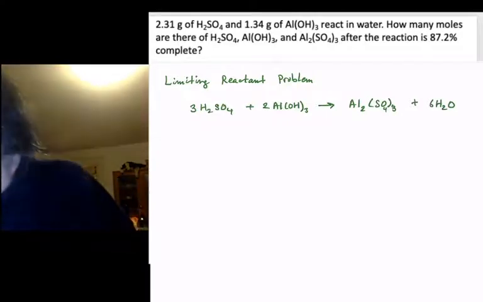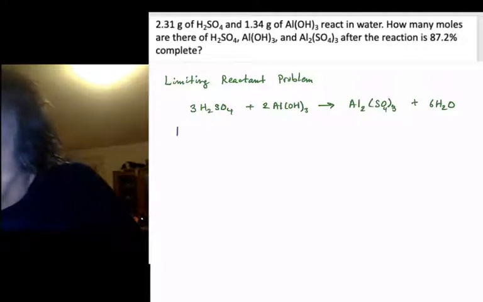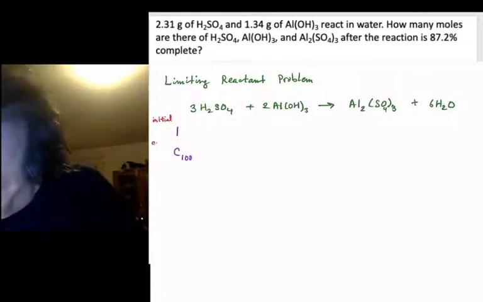What is the ICE table? The first line will be I for initial. C100 for complete reaction, complete change.